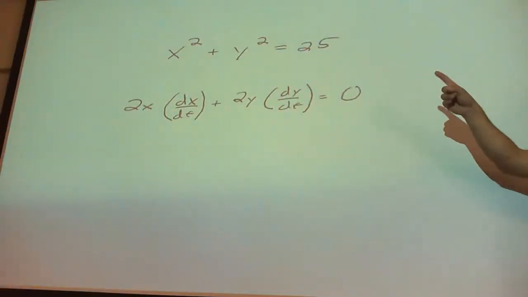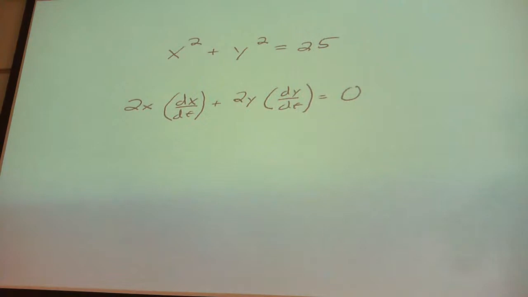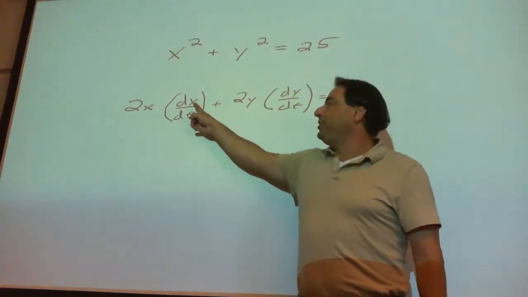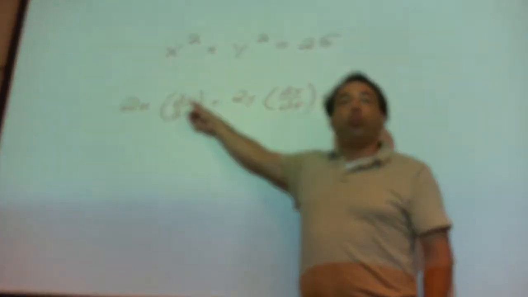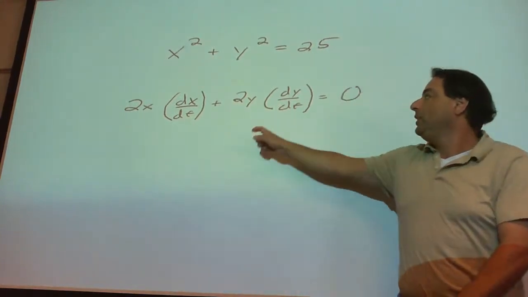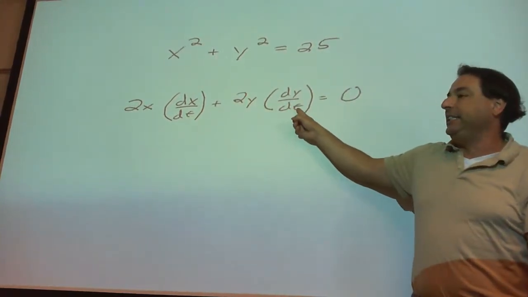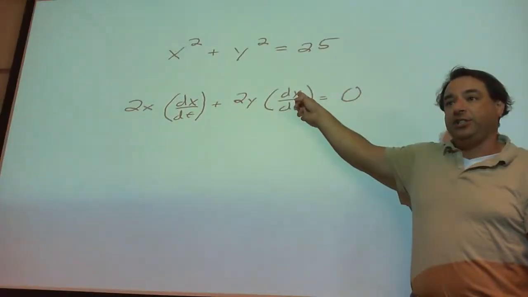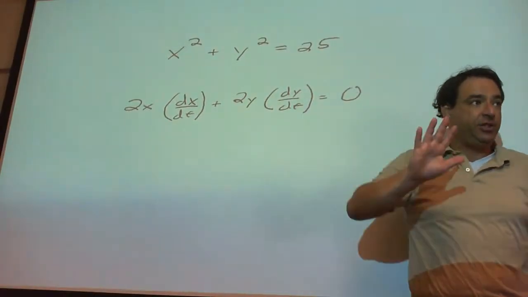Okay? x and y are just a point, x, y. dx over dt is the rate of change of x, how x is changing. dy over dt is how y is changing, derivative, rate of change.